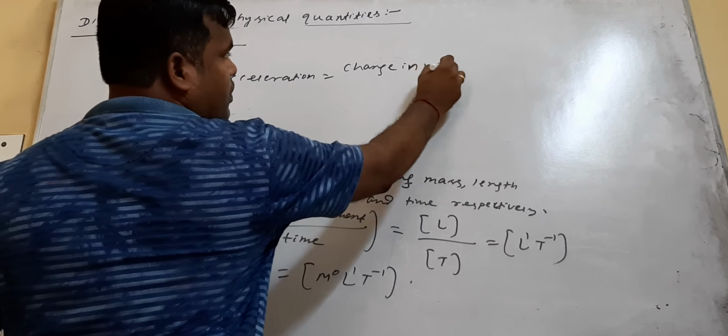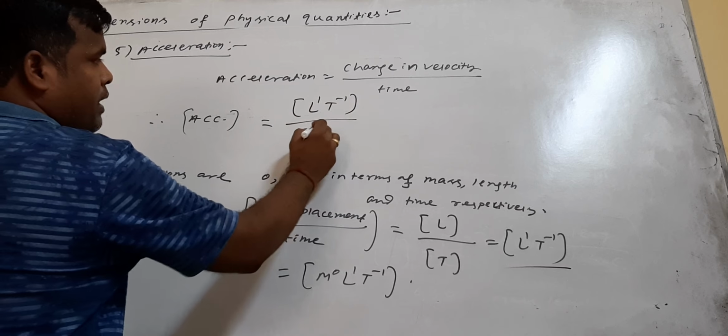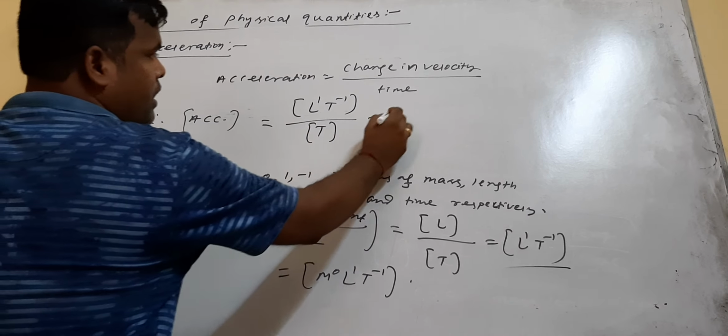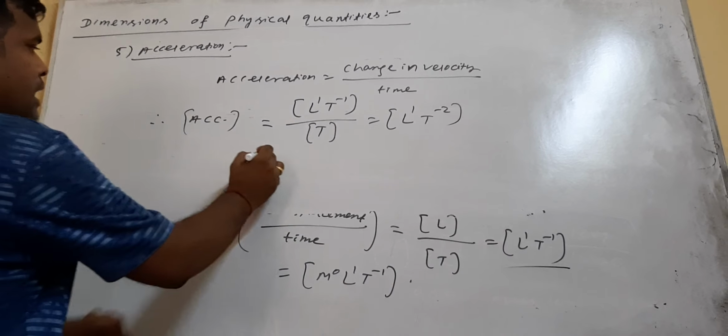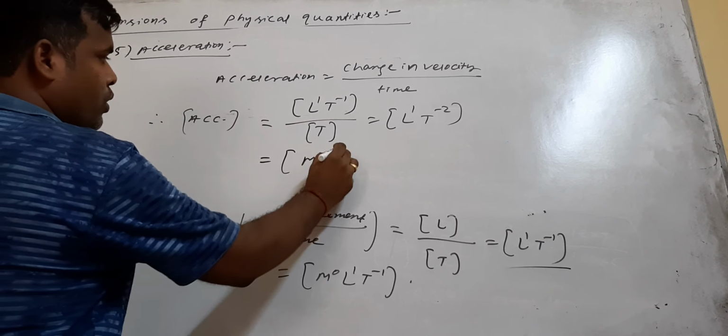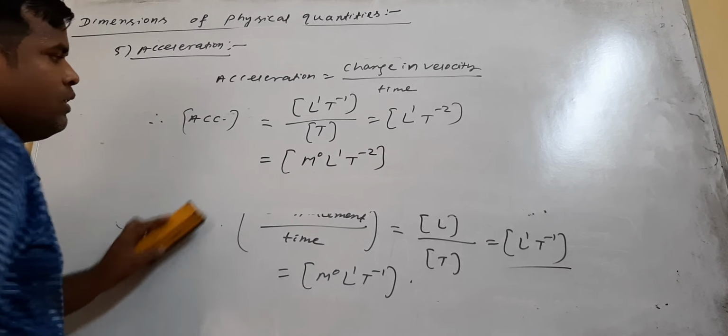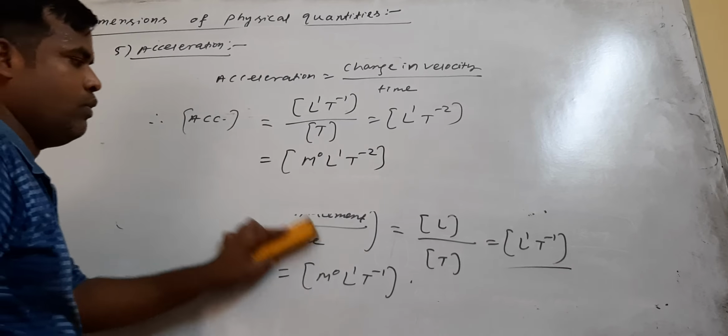So it is L1 T minus 1 divided by time, that is T. So it is L1 T minus 2. In terms of mass, length and time, it is M0 L1 T minus 2. It is the dimensional formula of acceleration, and the dimensions are 0, 1, minus 2 in terms of mass, length and time respectively.